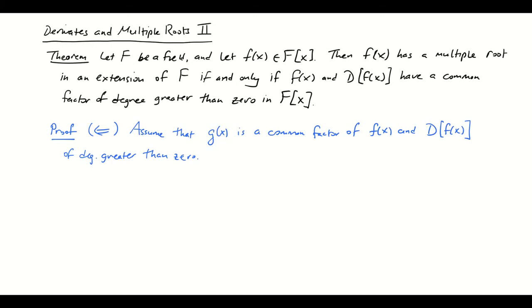Okay, well, if g of x is a common factor between f of x and its derivative, then you might think a good place to look for a multiple root would be to look at roots of g of x, and that'd be a good instinct.